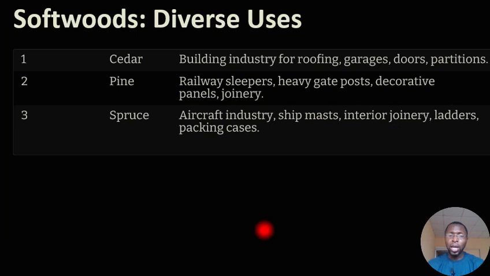Now let us talk about softwood, because there are two major types of wood, the hardwood and the softwood. But let's talk about the uses of the softwood. Number one type of softwood we have is the cedar. The cedar is used in the building industry for roofing, in garages, we use it in making doors, and we use this cedar in partitioning too.